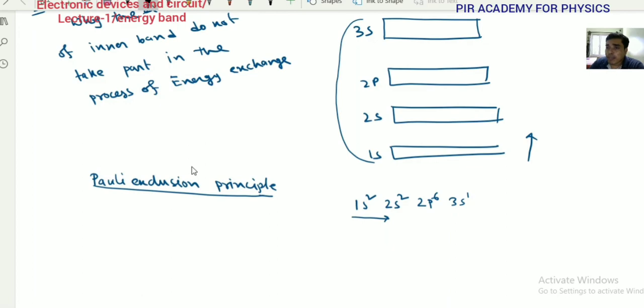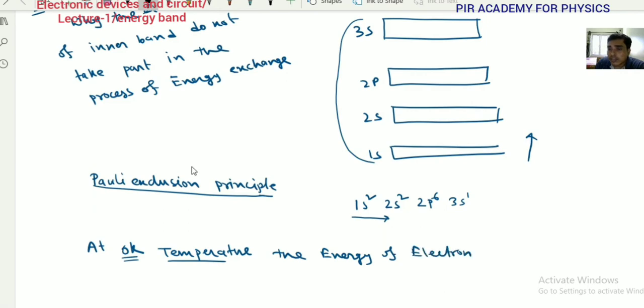Now at 0 Kelvin temperature, the energy of electrons is lowest. At 0 K temperature, the energy of an electron is the lowest, okay.